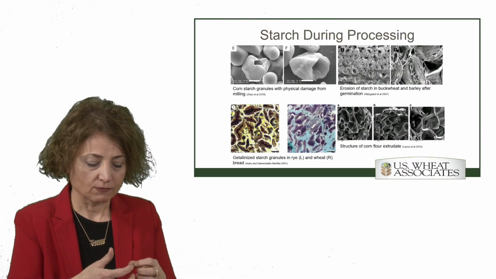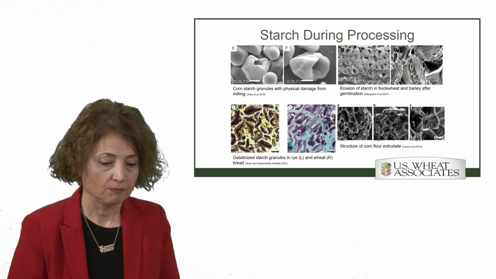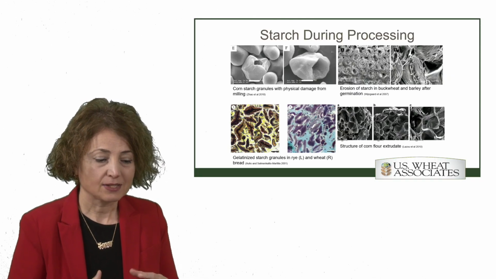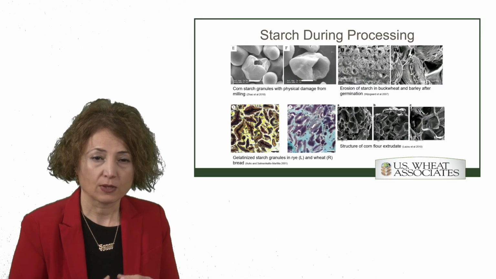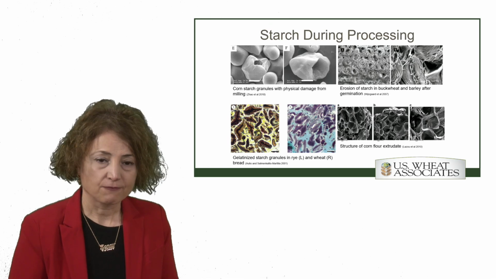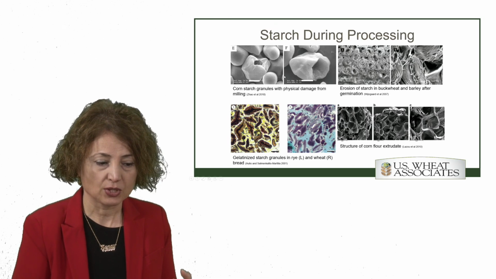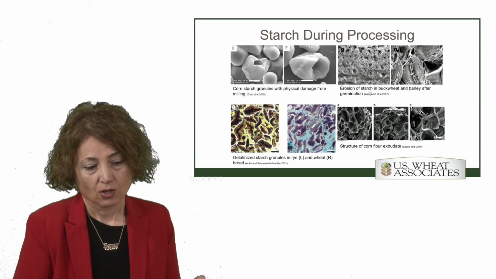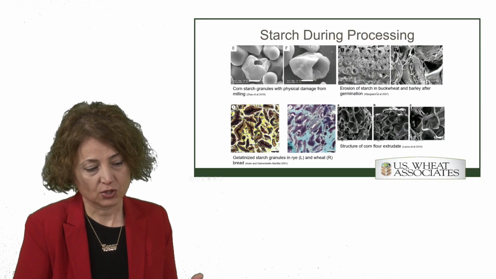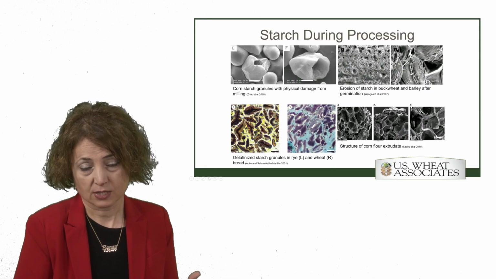A part of the granule will be removed, and then the starch inside is more exposed to enzymatic attack. So we can have physical damage during the milling process, and we can also have damage to starch because of enzymatic changes, enzymatic attack.